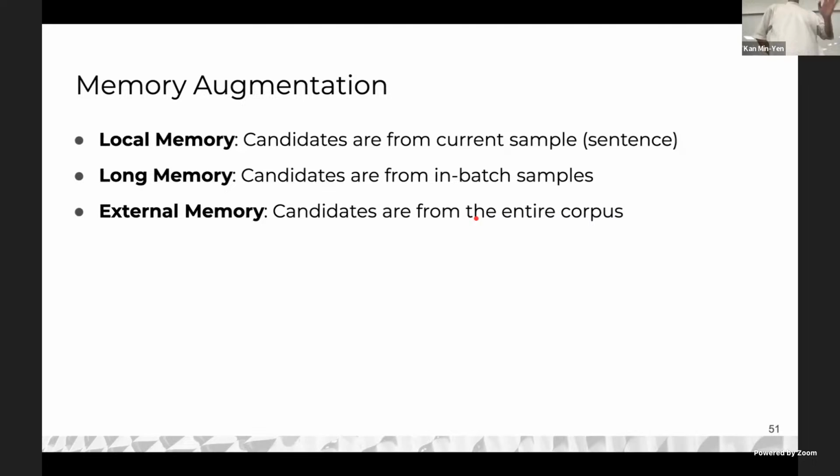So here they have three types of memories. The first one is a local memory, where the memory is constructed from only a single sample. The long-term memory is the memory constructed from the in-batch samples. And there is also external memory, which is the original one, where the memory is constructed from the entire training corpus. So in the experiment, they compare these three types of memories.